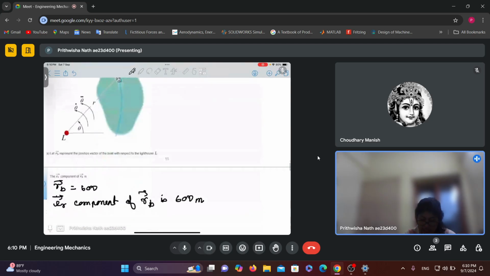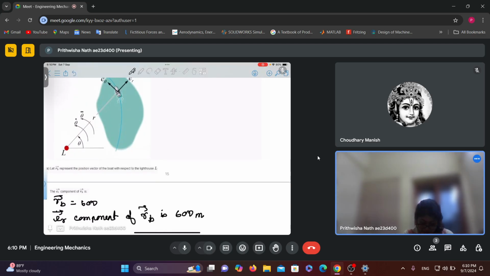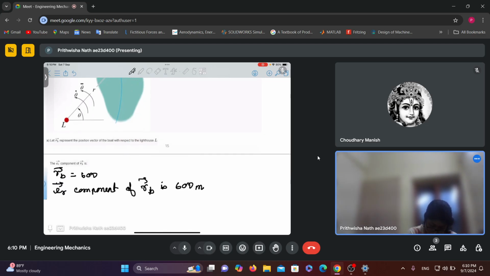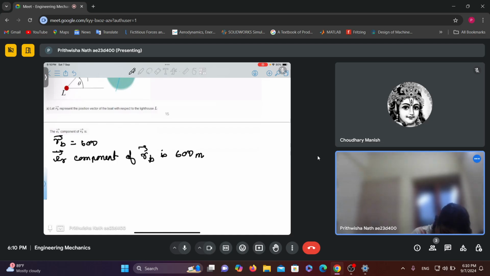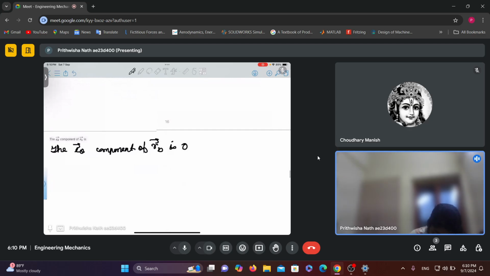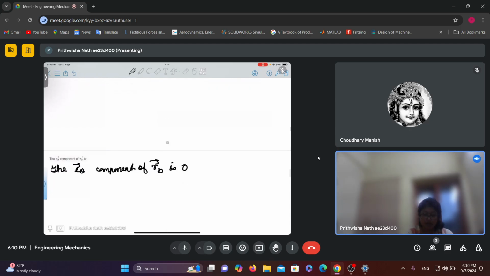So we need to find the e_r component of r_B. r_B is given as the position vector. So the e_r component of r_B is 600 meter, and the e_theta component is 0.